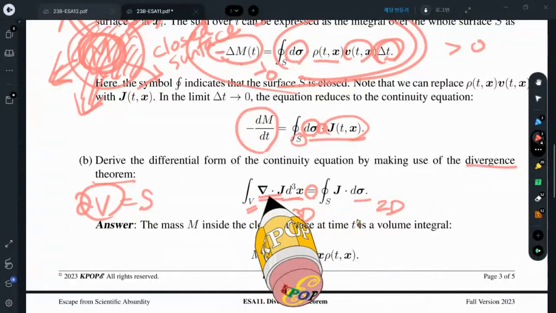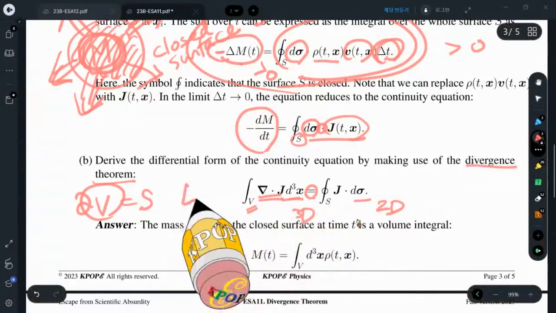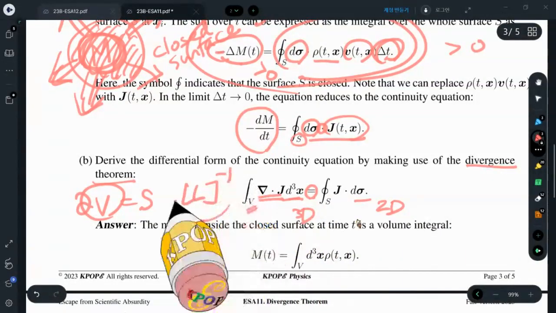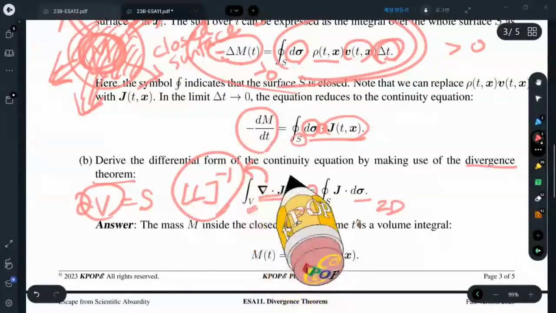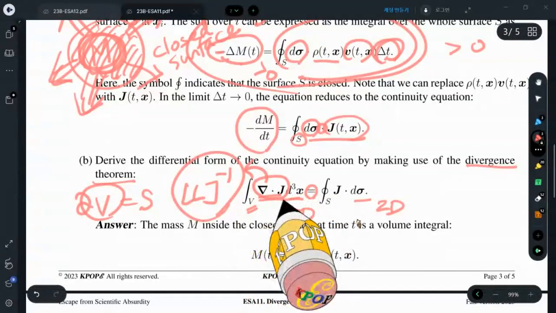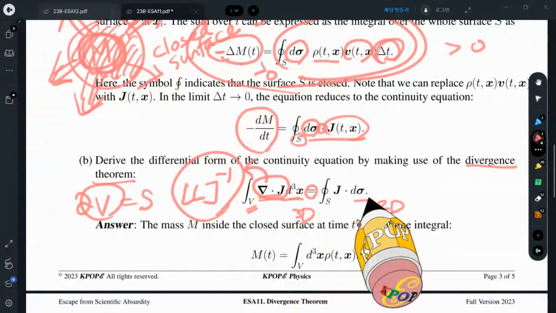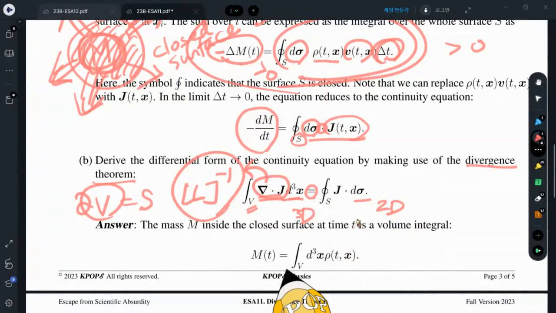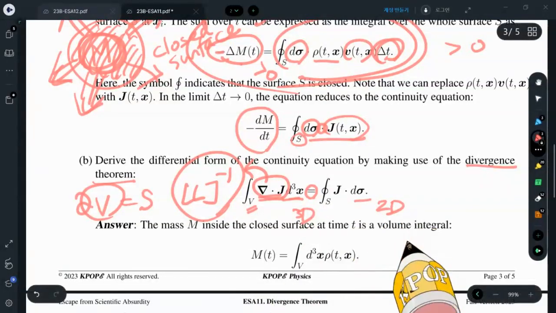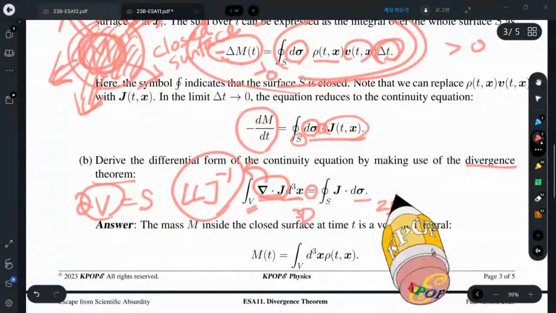So we have a dimension, length dimension negative is necessary. That comes from this derivative. So divergence J's volume integral is always the same as current density's surface integral over a closed surface. We make use of this.